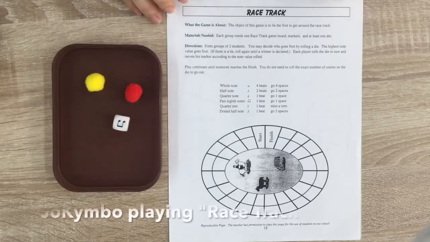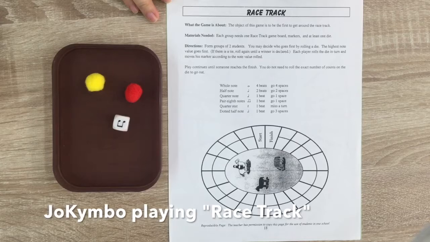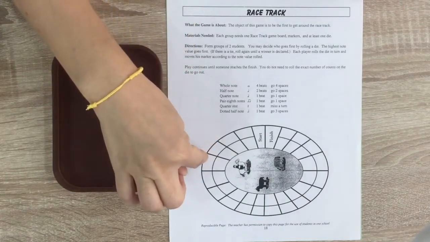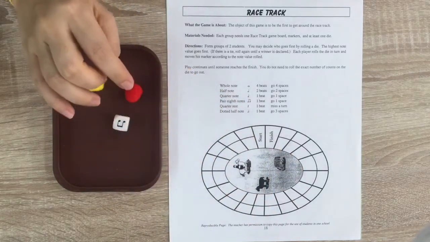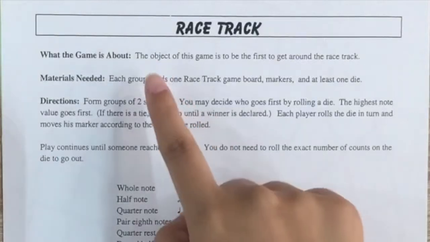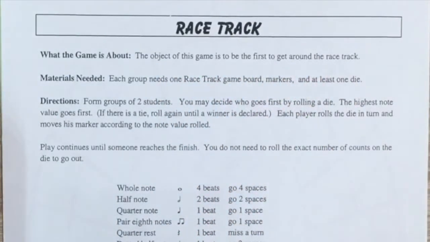So we're zooming into Racetrack, one of the games in the pack. This is also our first time looking at the games. These are the rules and directions, and this is how the game board will look. The object of this game is to be the first to get around the racetrack.